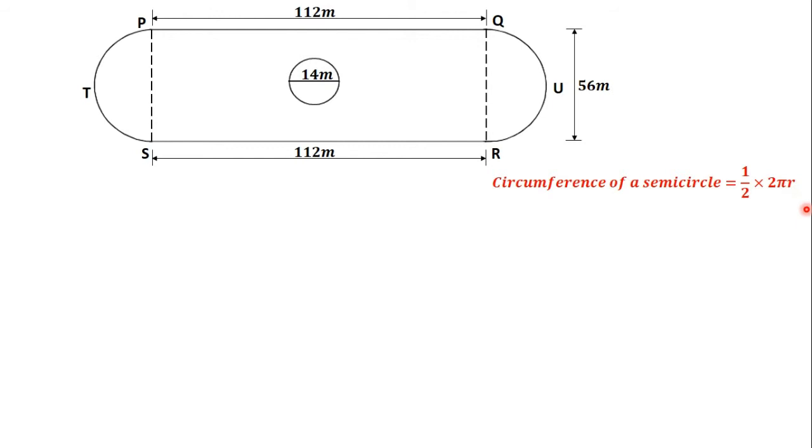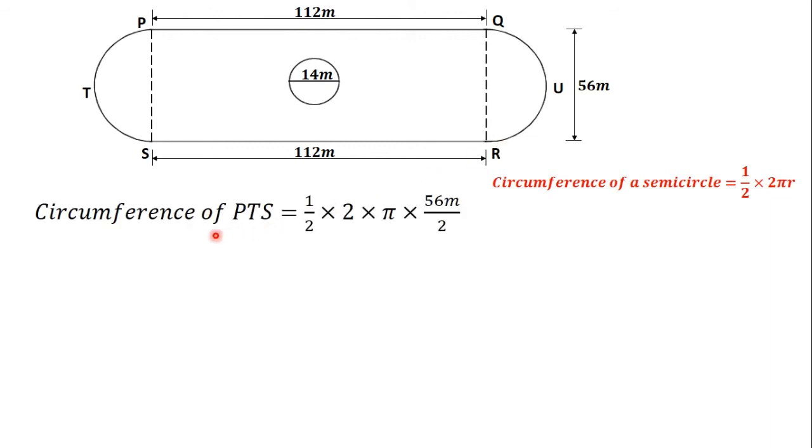pi r. Remember, we are interested in finding the circumference of QUR, which is a semicircle. So you say that circumference of PTS is equal to half times 2 times pi times the radius of PTS, which is 56 meters divided by 2, because PS is the diameter.